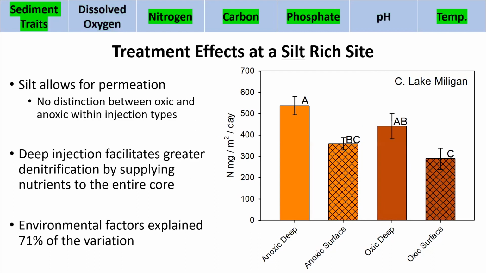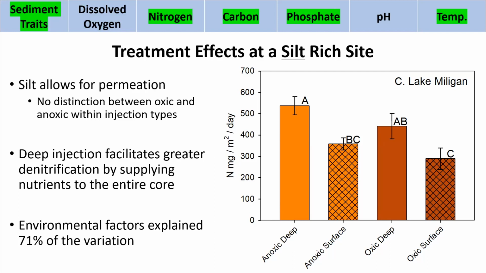Next, at our silt-rich site, we see that the silt-rich site allows for the most permeation of water through the sediment, and we now no longer see a distinction between our oxic and anoxic treatments within injection types. And this signals that there's a very robust microbial community within these sediment cores, and that it is able to consume the excess amount of oxygen within these oxic cores, but still be a very significant denitrifier, comparable to the anoxic treatment.